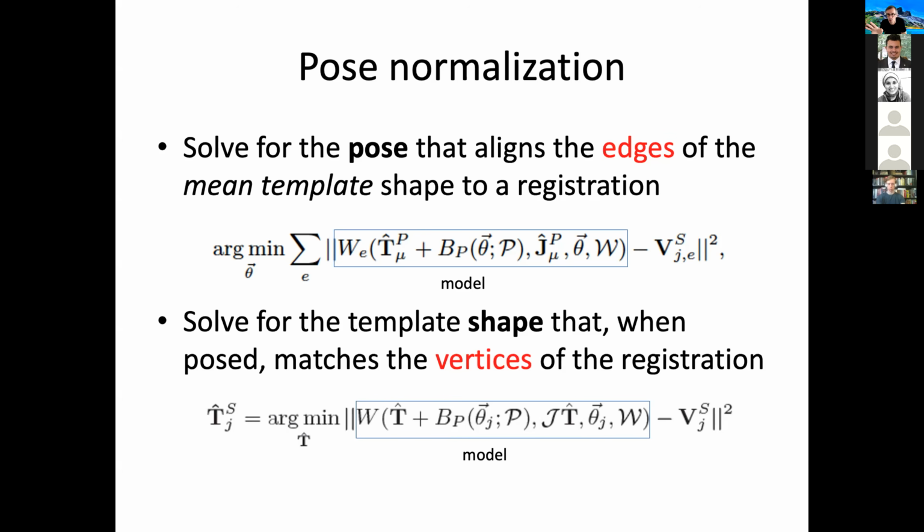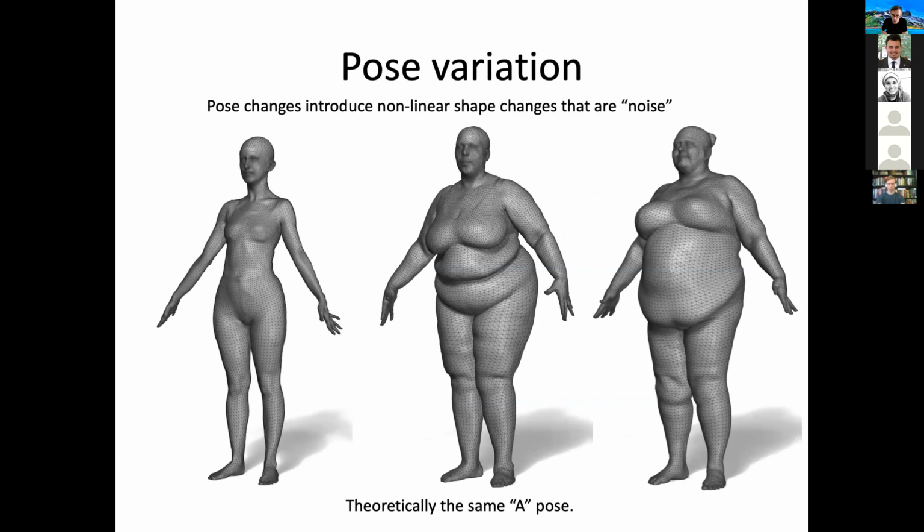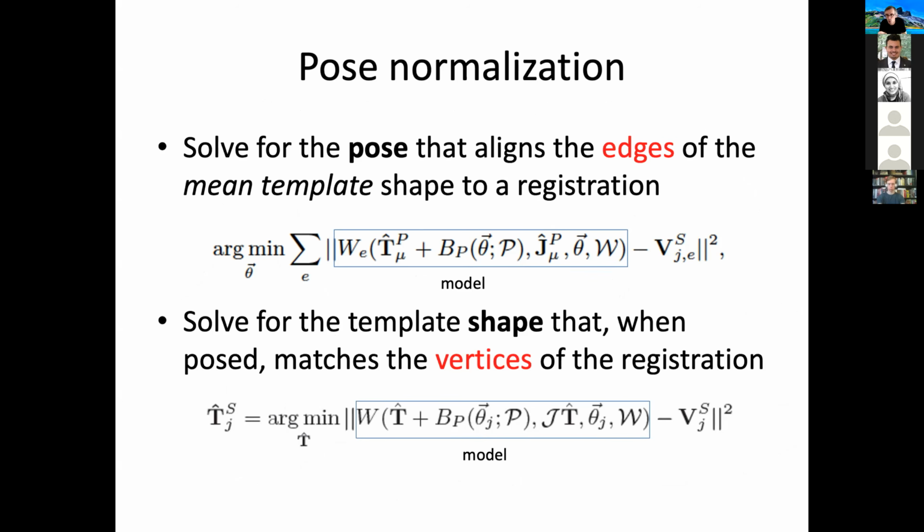Once we've got the pose of that particular registered mesh, like each of these women, we keep that pose fixed, and then we optimize for the template T that minimizes the squared difference to the vertices of the registration. And the reason I didn't tell you this before is because it actually depends on having a model.